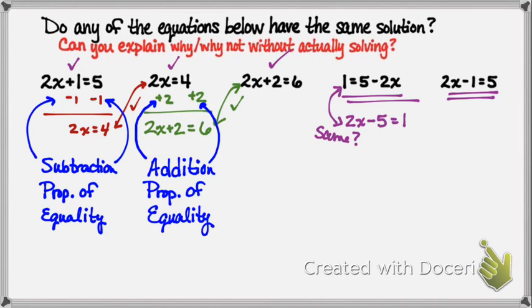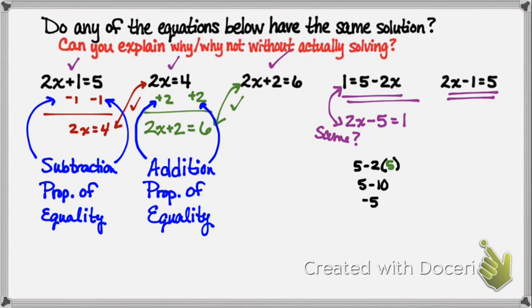If I put 5 in the place of x, in the top equation, that would be 1 equals 5 minus 2 times 5. What's 2 times 5? 10. So 1 equals 5 minus 10. Let's not even deal with the 1 equals part. Let's just look at the one side. That would give me negative 5, right?